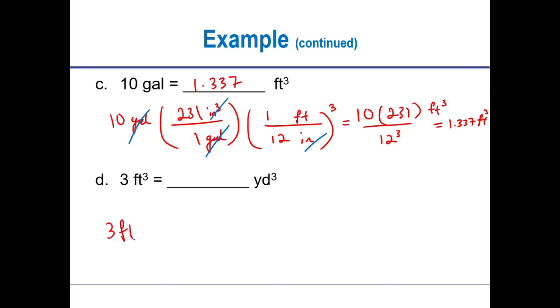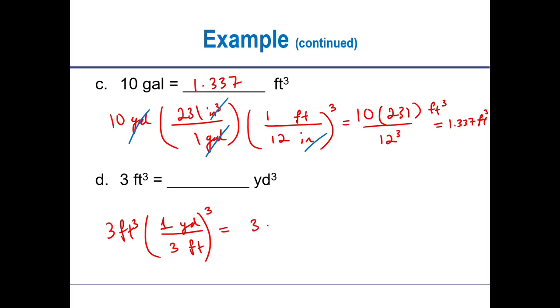Part D, let's convert 3 cubic feet to cubic yards. We'll start with 3 cubic feet and we'll multiply that by a unit fraction. We'll put the feet on the bottom and the yard on the top. We know 1 yard is equivalent to 3 feet, and we'll need to cube this expression to cancel out with the feet cubed.